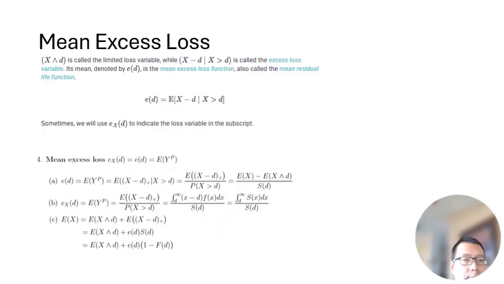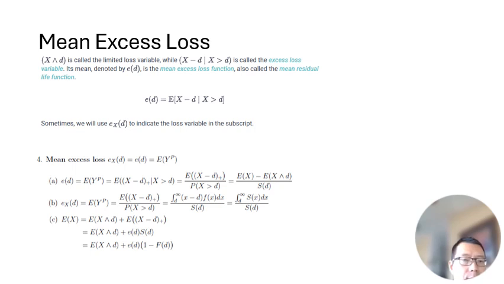Here is just a more formal definition for mean excess loss. We know X capital D is called a limited loss variable because the loss is limited by D, while X minus D, conditioning on X greater than D, is called the excess loss variable.